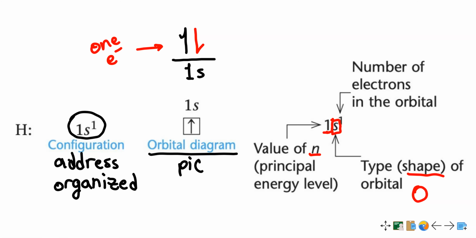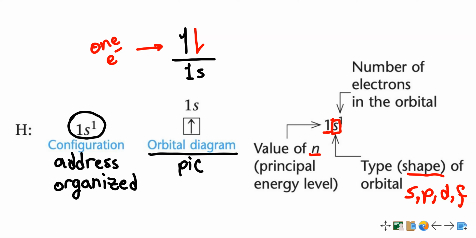There are only 4 types of shapes that we talk about: s, p, d, which we've seen all 3 of, and then there's f, which is just too much to draw.